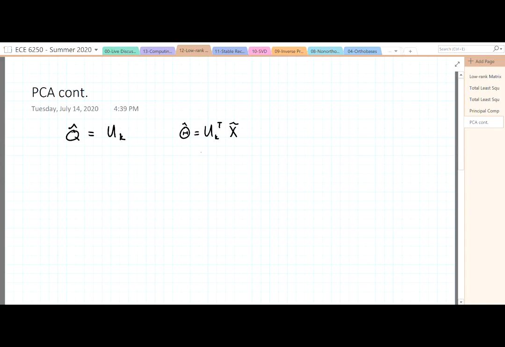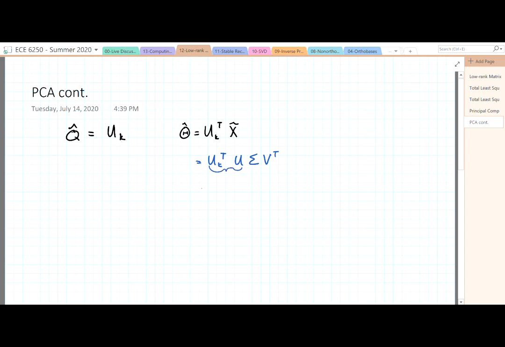So what does this mean? Well, X tilde is equal to U Sigma V transpose.